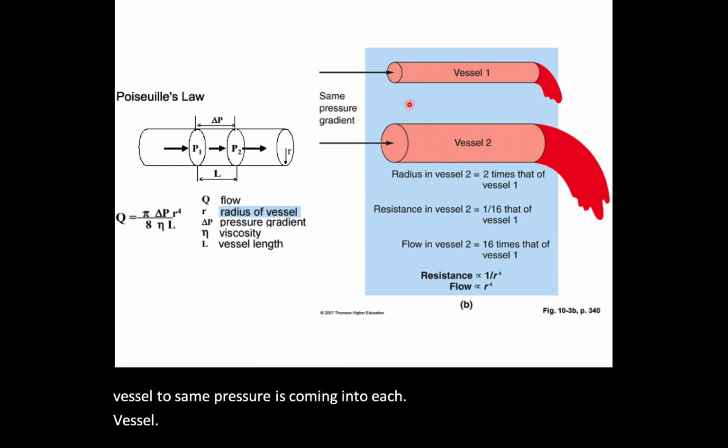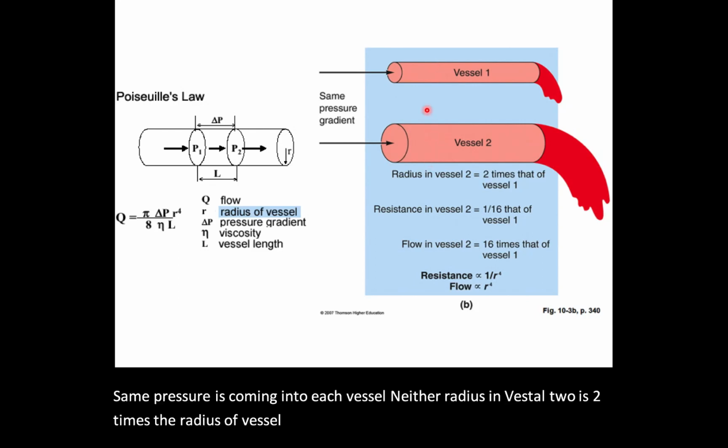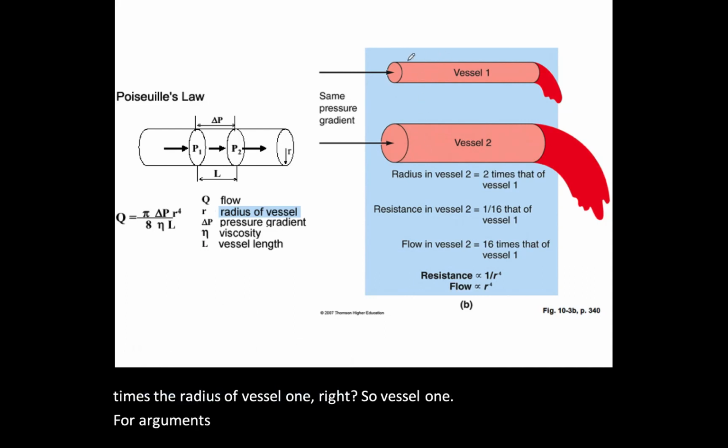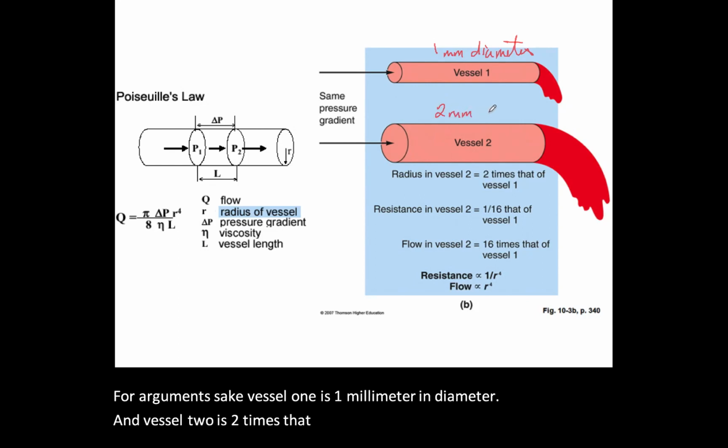The radius in vessel 2 is 2 times the radius of vessel 1. So for argument's sake, vessel 1 is 1 millimeter in diameter, and vessel 2 is 2 times that, 2 millimeters in diameter.